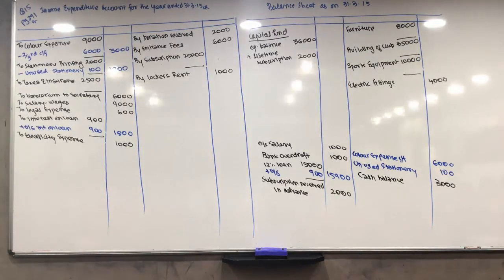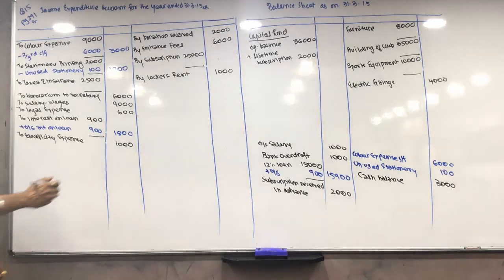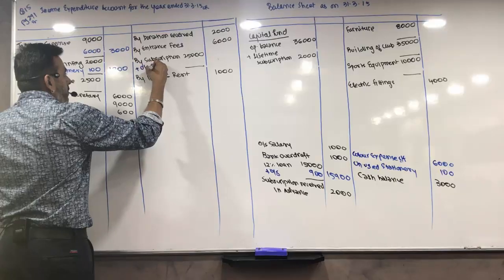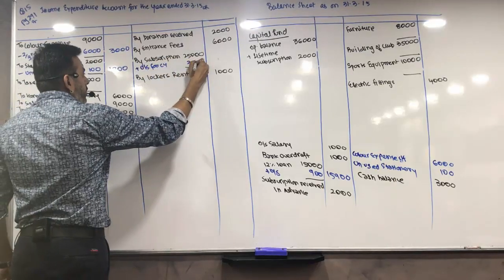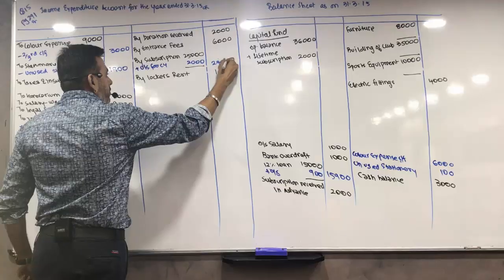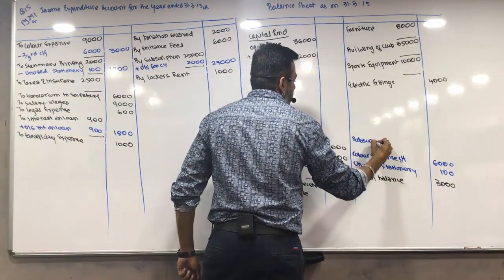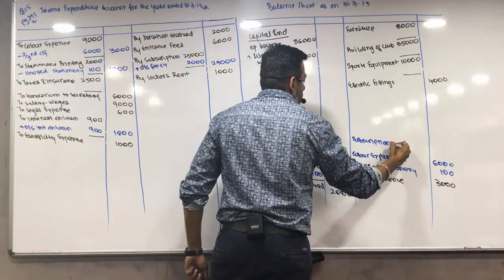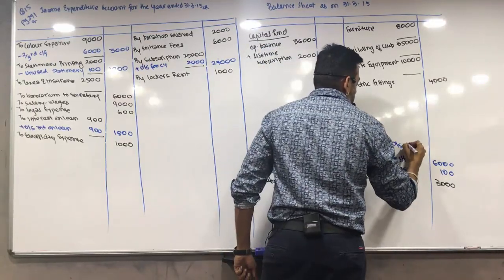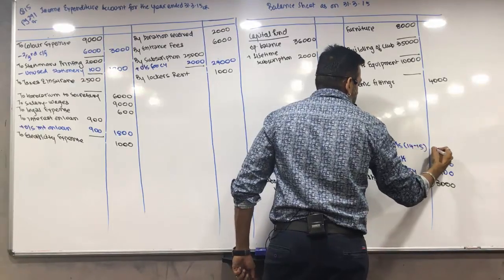All done. The balance tallies. Let's go for adjustments. Subscription outstanding 2,000 for the year 2014-15. So outstanding for the current year, plus. Second effect, subscription outstanding 2014-15, 2,000.